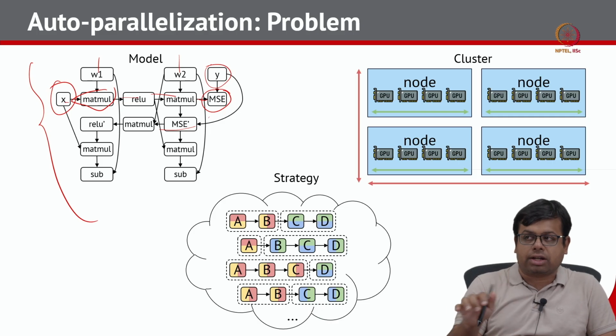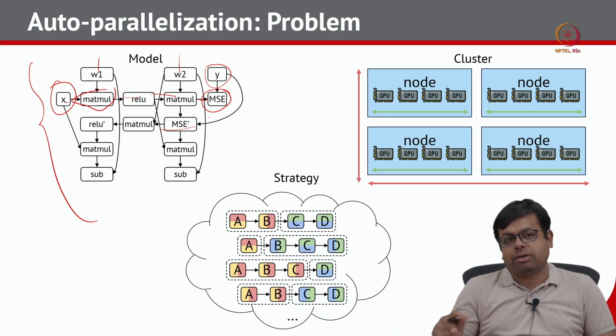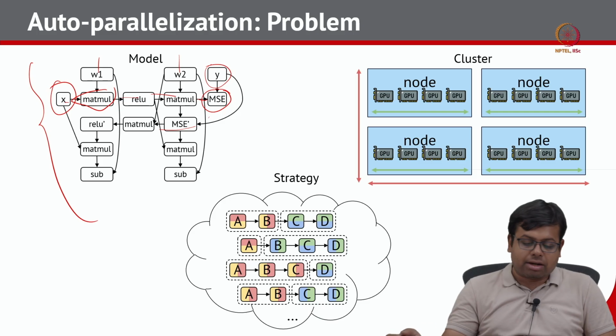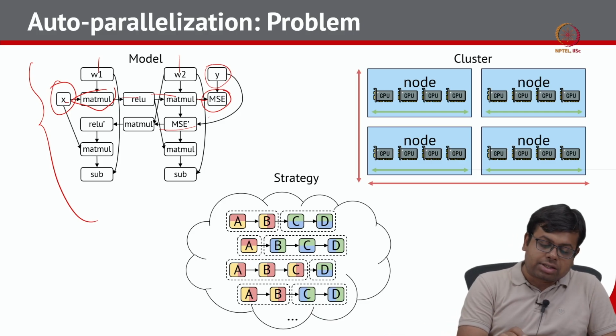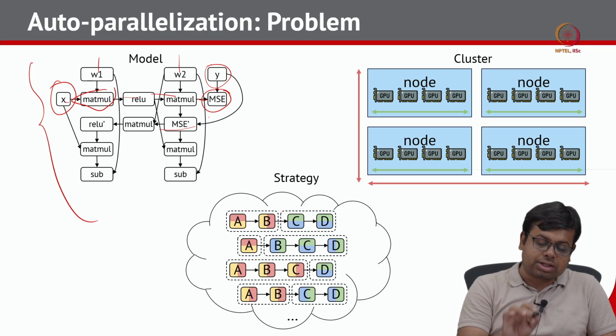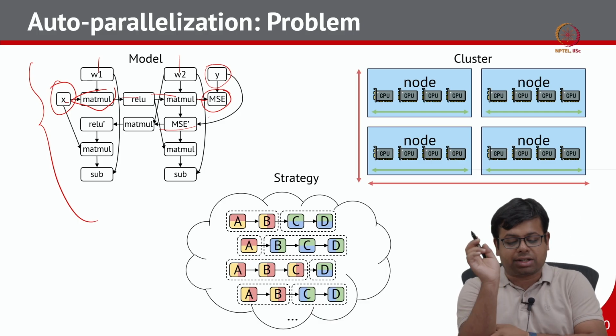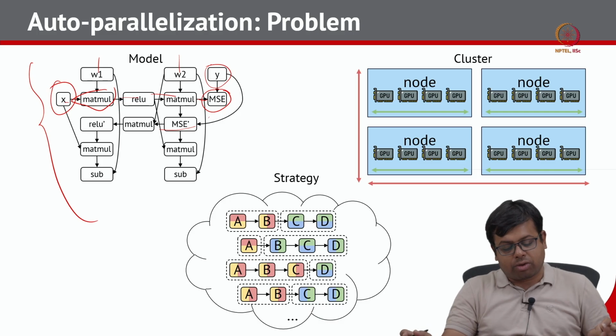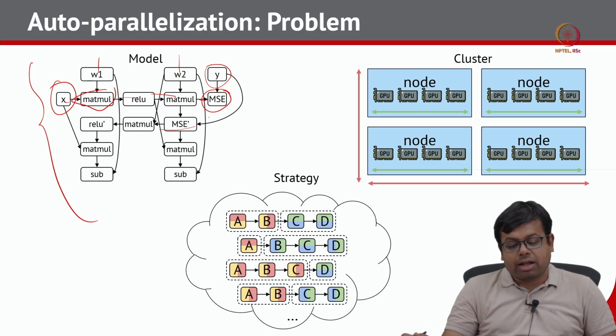A vertical line means we are partitioning the model along one axis, and a horizontal line means we are partitioning the model along another axis. So, with just 4 nodes in the computational graph itself, A, B, C, D, there are so many parallelism strategies.